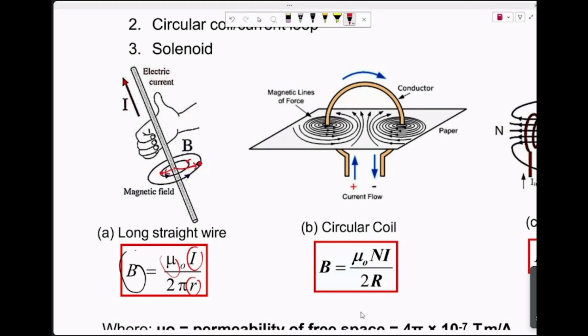It's not the radius of the wire, but the position from the center of the wire towards the position where you want to determine the magnetic field. If I were to have another radius much further outside, then this one will be the radius from the center as well. That will be the value.